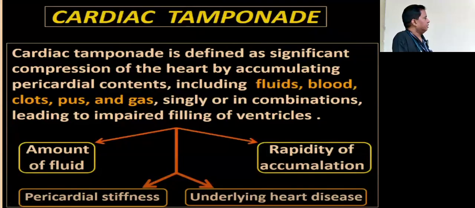It can cause an acute sudden onset of filling of pericardial fluid, and then immediately we have to remove the fluid, otherwise the patient can collapse. So it depends upon the amount of fluid accumulation, pericardial stiffness, underlying heart disease, and the rapidity of accumulation. These are the factors which determine cardiac tamponade.